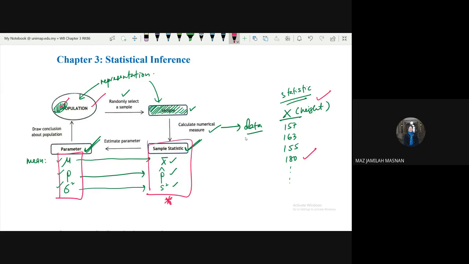In the end, we are going to make a conclusion about our parameter. So this is what happens in statistical inference: we use the sample statistic to make a conclusion about the parameter of our population.